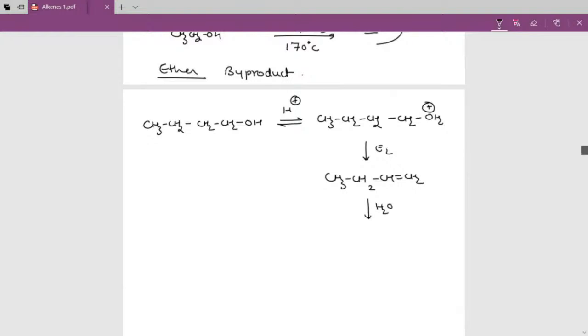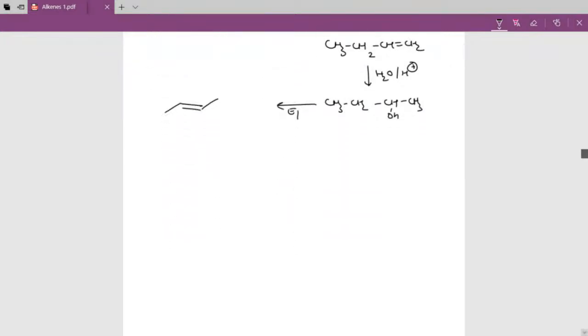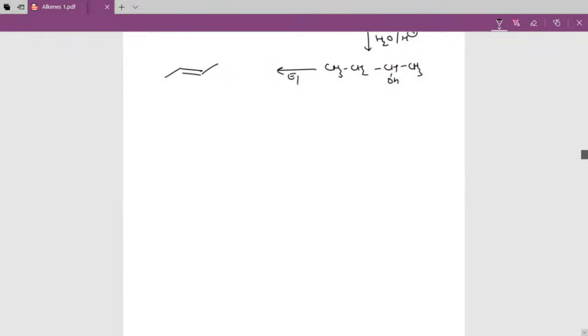Now again, as it is H plus and H2SO4, formation of carbocation and then this by E1 forms trans-2-butene. Okay, so there is a strong possibility that it could have been E2, then addition, and then again elimination. That is why 1 degree alcohols still give more substituted alkenes.